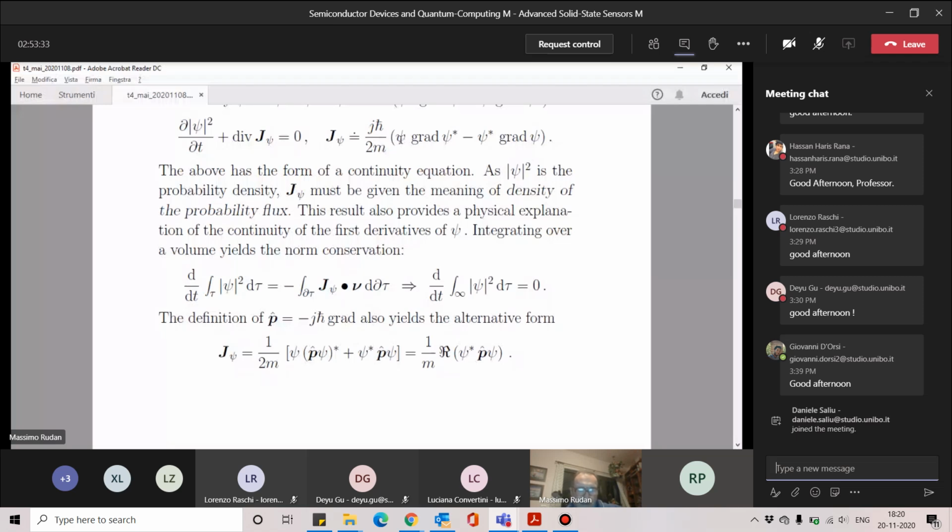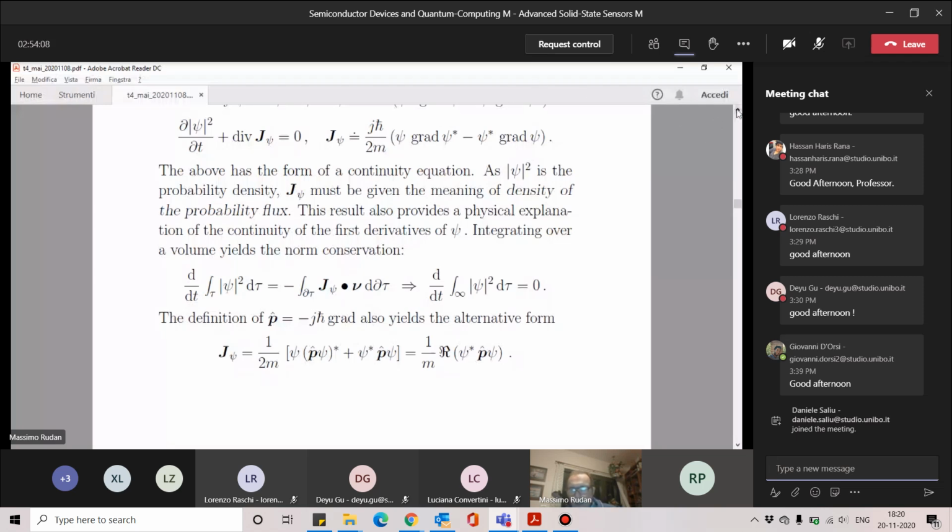Whereas the left-hand side does not go to 0 because it is an integral over the volume, okay? So if you let the volume go to infinity, the time derivative of the probability to find the particle anywhere in space is 0. The probability, of course, is equal to 1 because of the normalization of the wave function, and the derivative of 1 is 0, which is perfectly normal, okay?